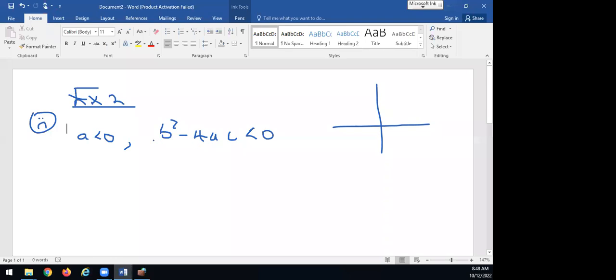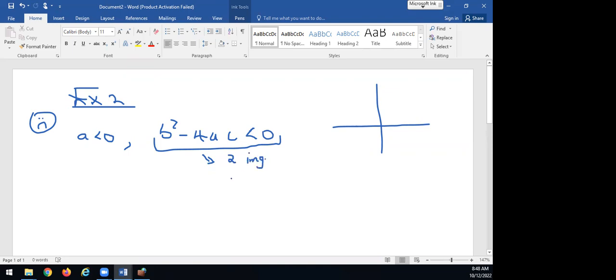And what about this part here? Your discriminant is negative. What does this tell you? What happens when the discriminant is negative? It doesn't cut the x. You all remember that? Right. So there are no real roots because they're both imaginary. So 2 imaginary.